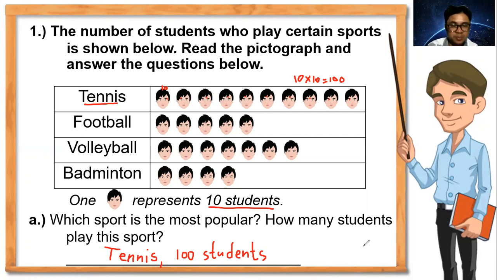The most popular sport is tennis, and there are 100 students who play these sports. Again, which sport is the most popular? The most popular sport is tennis, and there are 100 students who play this sport.